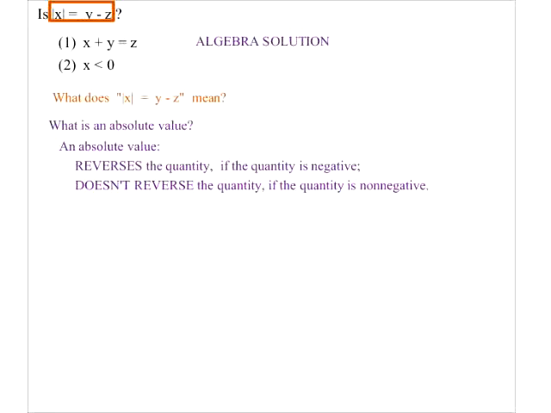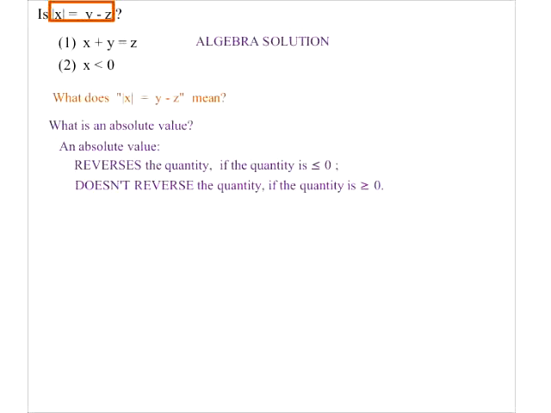Let's take a look at the result of this. In fact, you can revise this a little bit. If the quantity is 0, you get basically either of these possibilities, because 0, if you reverse it or don't reverse it, is the same. So it reverses the quantity if the quantity is 0 or less, and doesn't reverse it if it's 0 or more. Let's take a look at what this means.